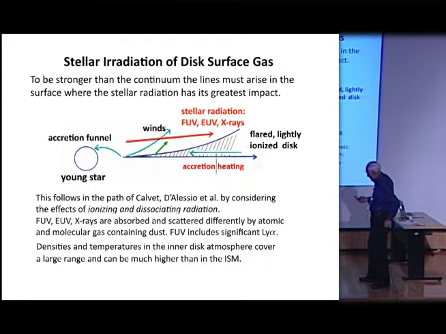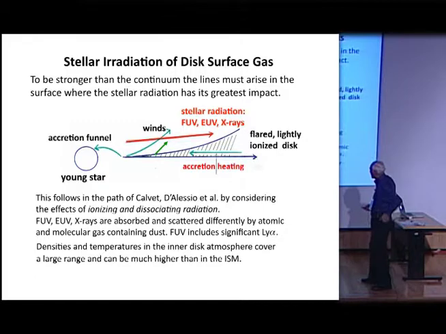Now, I want to mention here, of course, that what I'm doing is extending in some small degree the path that was set by Nuria and Paola in their early and continuing work on the study of irradiated disks by stellar radiation and other radiation.